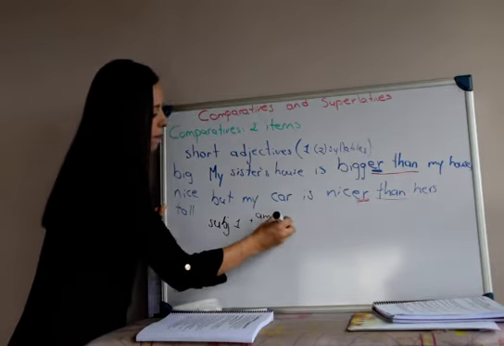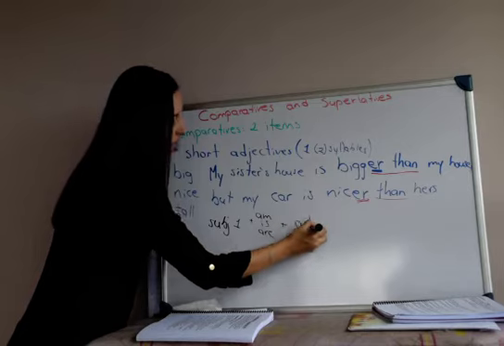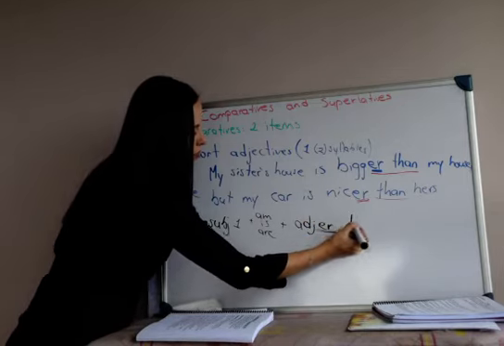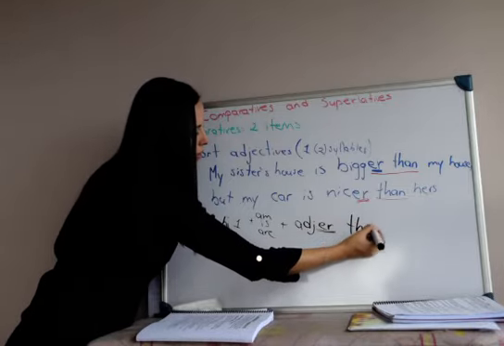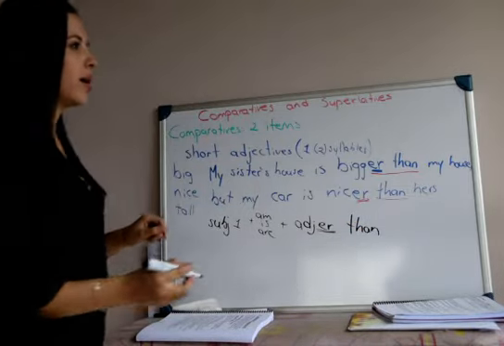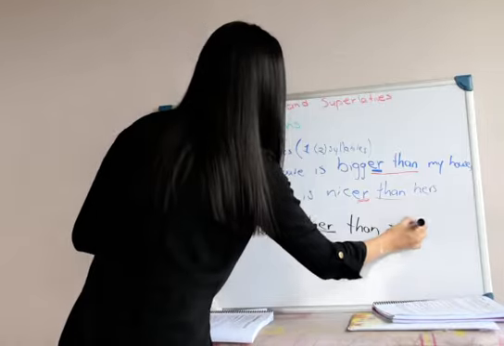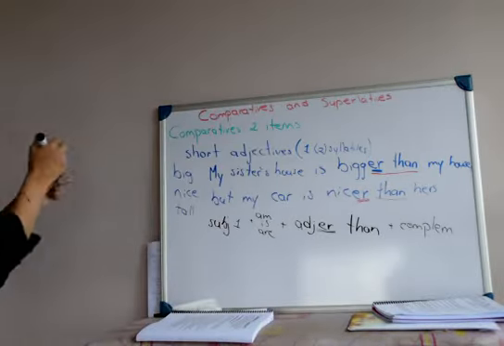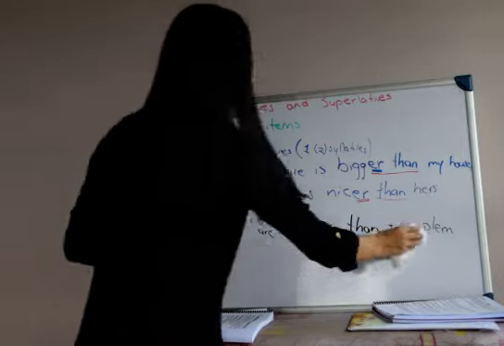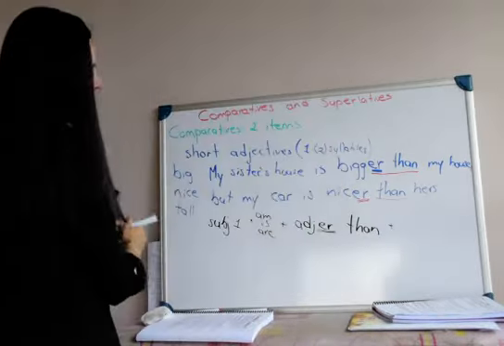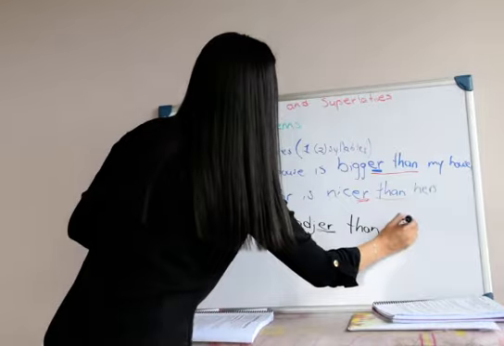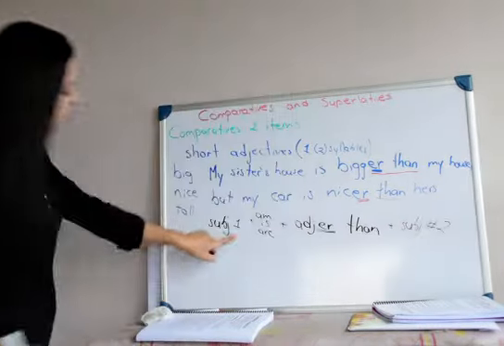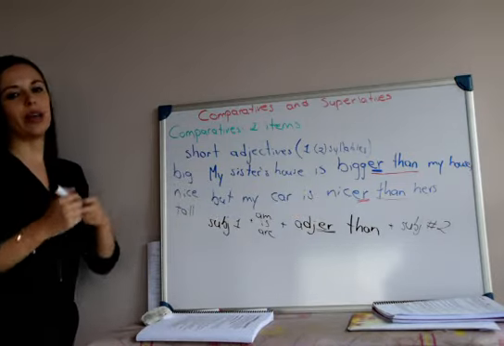Then we have the adjective with an er, then plus the complement. No, actually it's not the complement, sorry. In this case we don't call it a complement, in this case we call it subject number 2. Okay, we have subject 1 here, and then we have subject number 2.